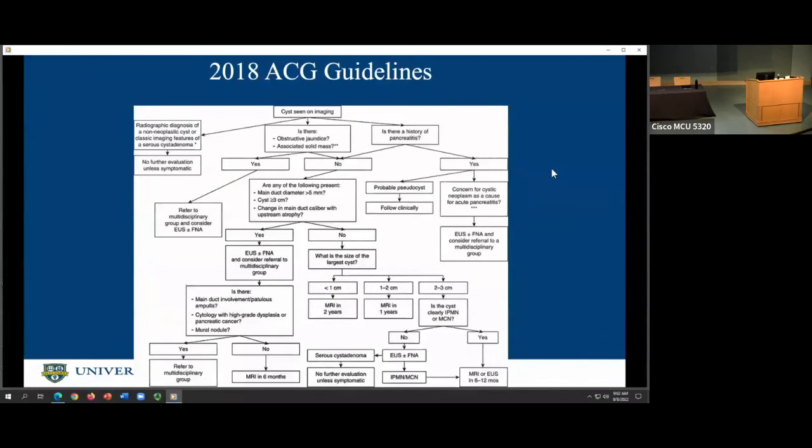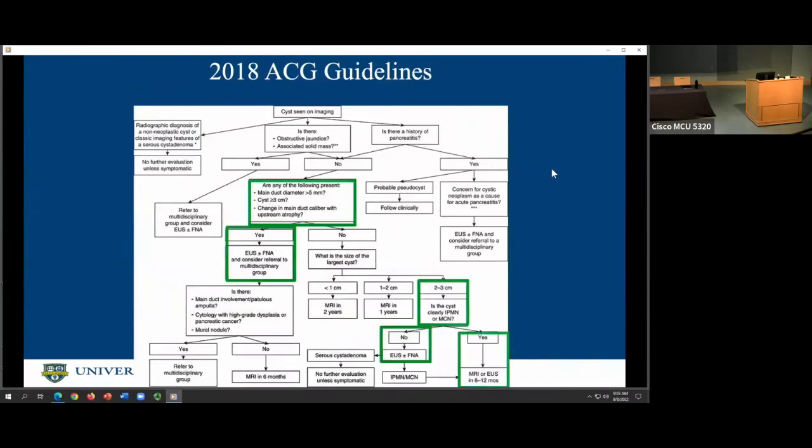So, patients with IPMNs or mucinous cystic neoplasms with features such as jaundice or presence of a mural nodule or a solid component, or acute pancreatitis secondary to a cyst, significantly elevated CA 19-9, dilation of the main pancreatic duct greater than 5 millimeters, or a focal dilation of the pancreatic duct concerning for main duct IPMN, or IPMNs or mucinous cysts greater than 3 centimeters.